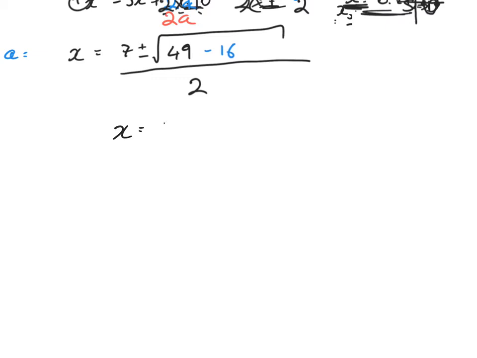Okay, so x equals 7 plus or minus the square root of 49 take away 16. So that will be 33 divided by 2. It's now time to split this up into x equals 7 plus root 33 over 2 and 7 minus root 33 over 2.